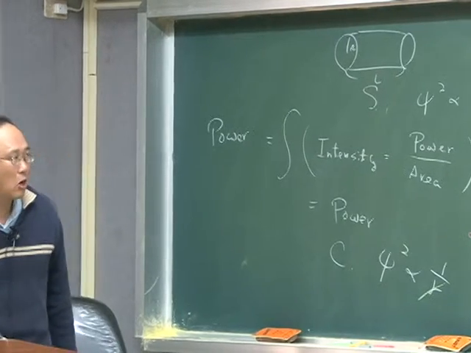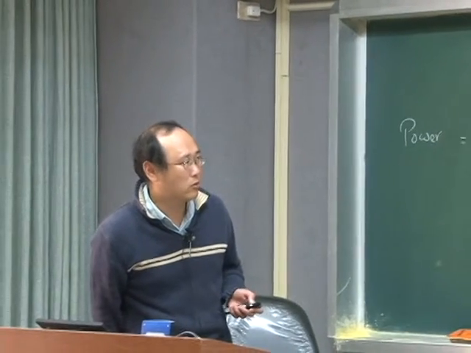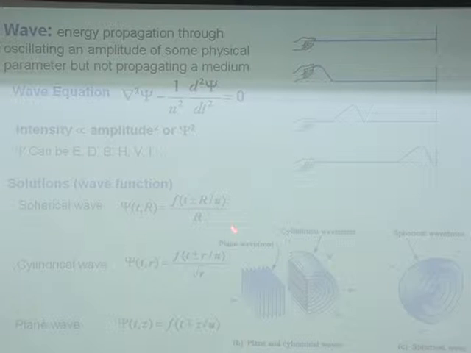So from the power conservation point of view, you need to have 1 over R dependence in this wave equation for the spherical wave, and for the cylindrical wave, you need 1 over root r dependence to conserve the total power. For the plane wave, you just multiply with some arbitrary plane surface, so you don't need to put this radial dependence into your expression.